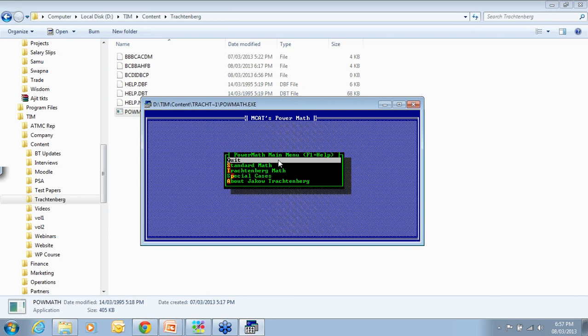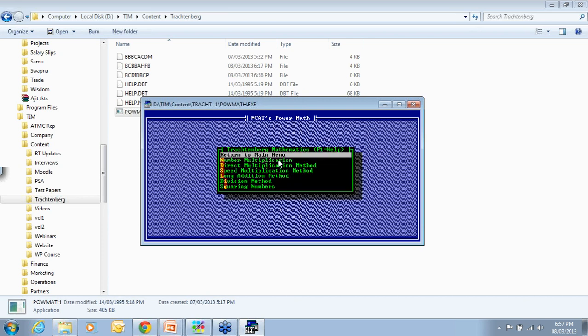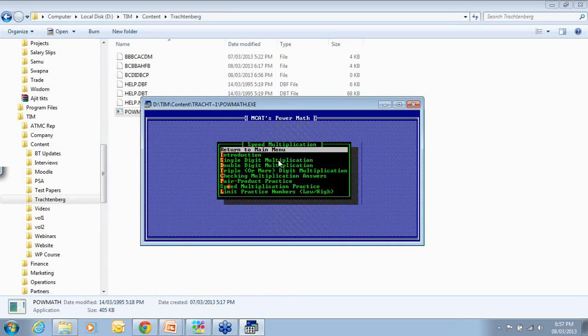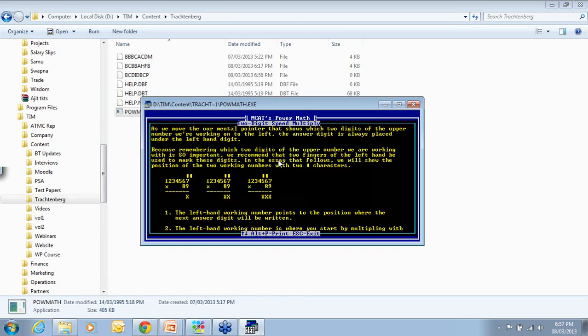So you can see that there is a PowerMath main menu, and you can download this free application. This is basically a DOS application, so it opens in that black window. I've entered number multiplication, speed multiplication, and so on. There are a lot of submenus to it, and I think it's taking a lot of time to come on your screen.